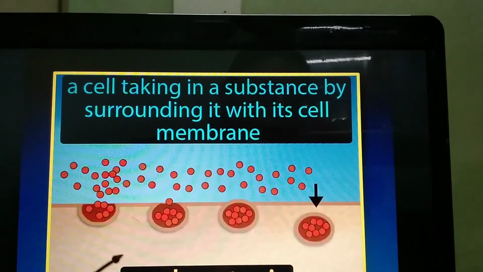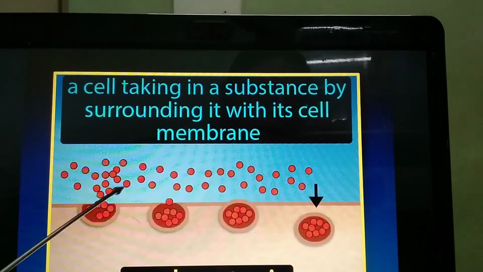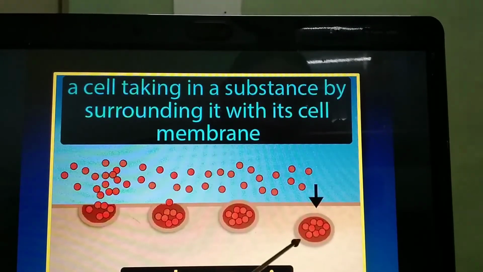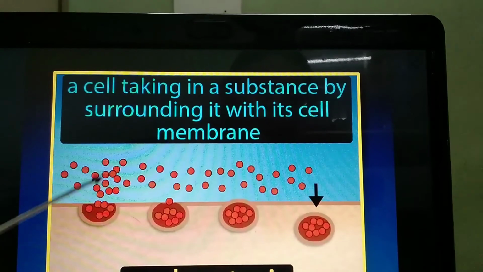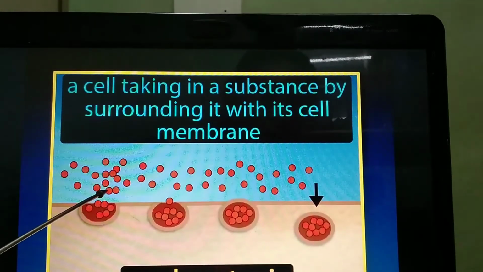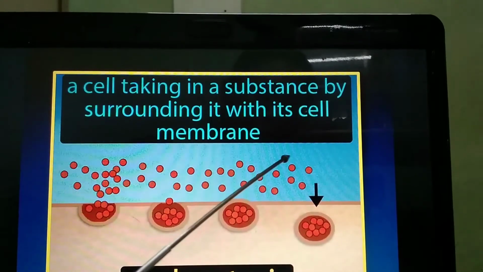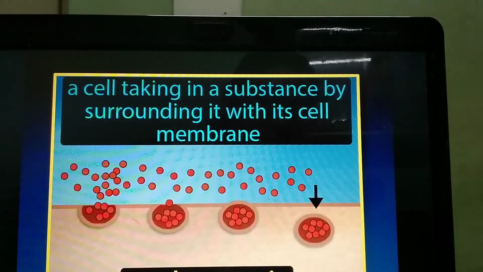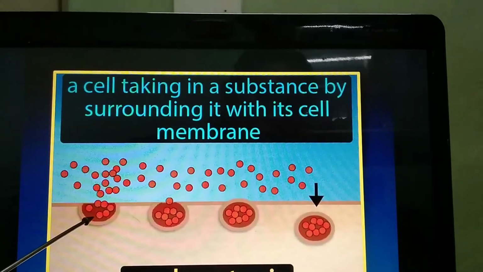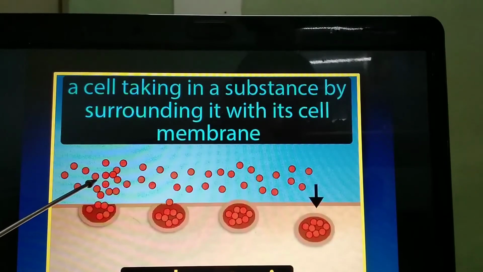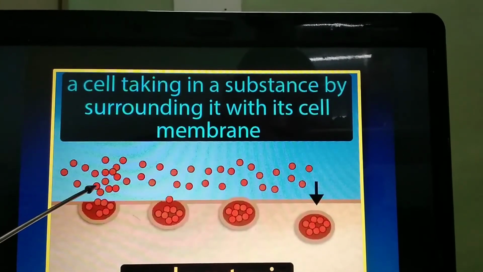Endo means the substances are getting into the cells. When the substances are going outside the cells due to bursting, in that case the process will be exocytosis. Molecules entering into the cell, the process will be endocytosis. Due to bursting, the molecules going out of the cell, the process is known as exocytosis.